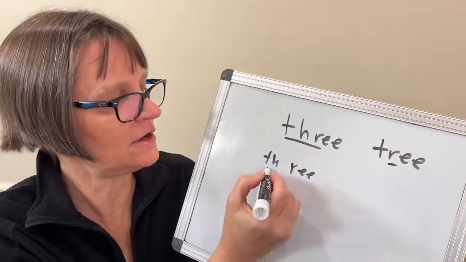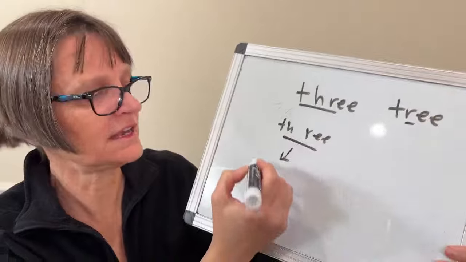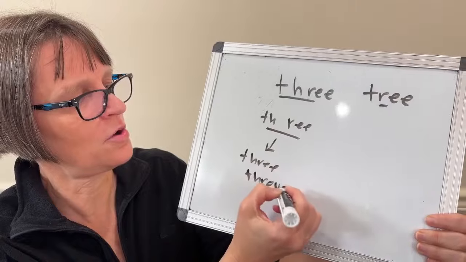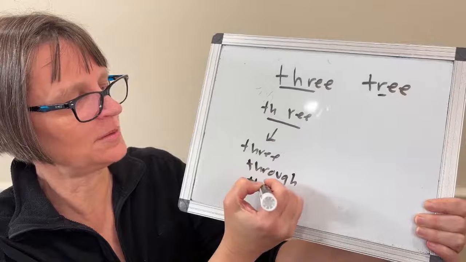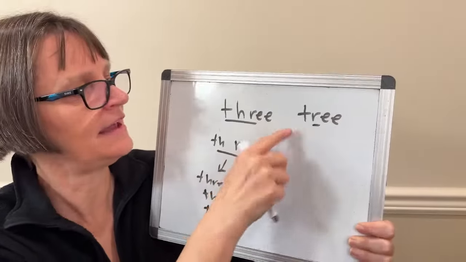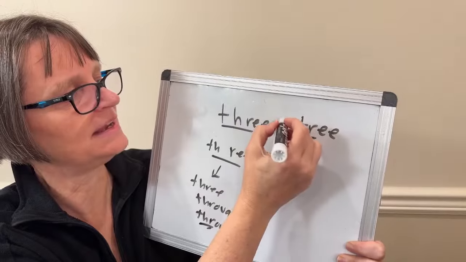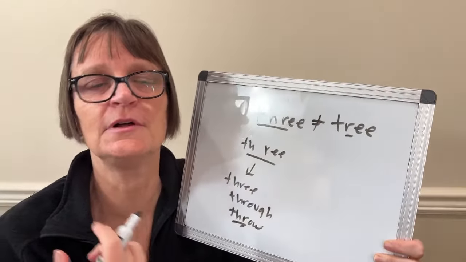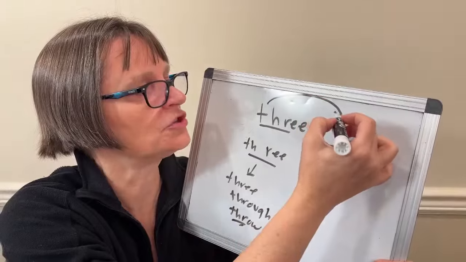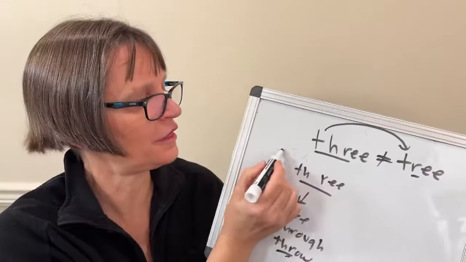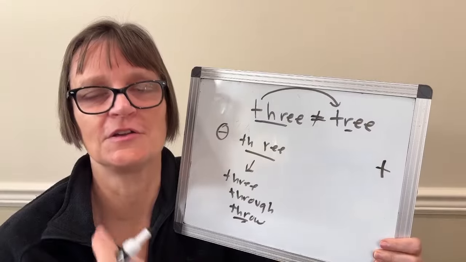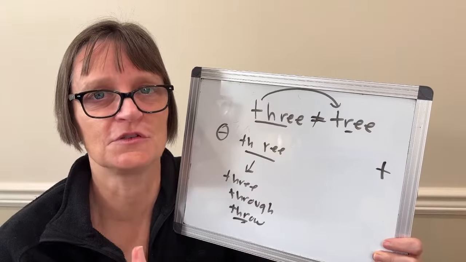I do have a video talking about words like three and through and throw. If three gives you trouble, probably these others do as well. If the difference between three and tree gives you trouble, that's because you probably have an error where, when you're trying to say the TH sound, you might substitute the T sound because that's in your native language and it's easier for you to do.